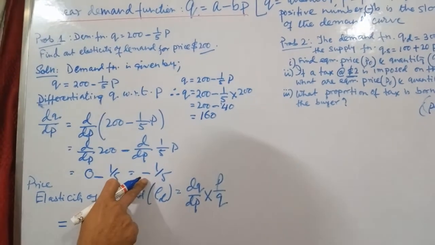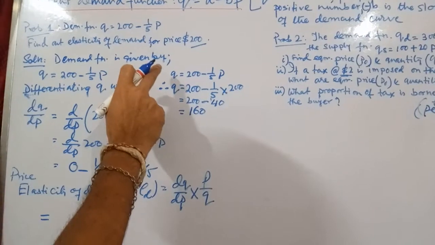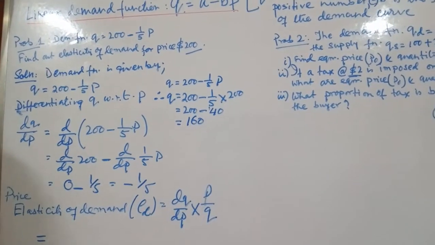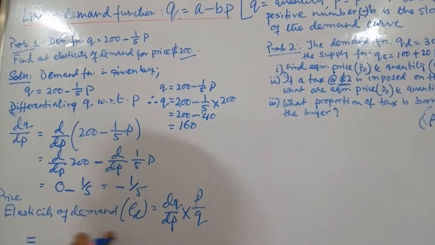Minus 1 by 5, and P is 200 and Q is 160. So we put their values in this equation.